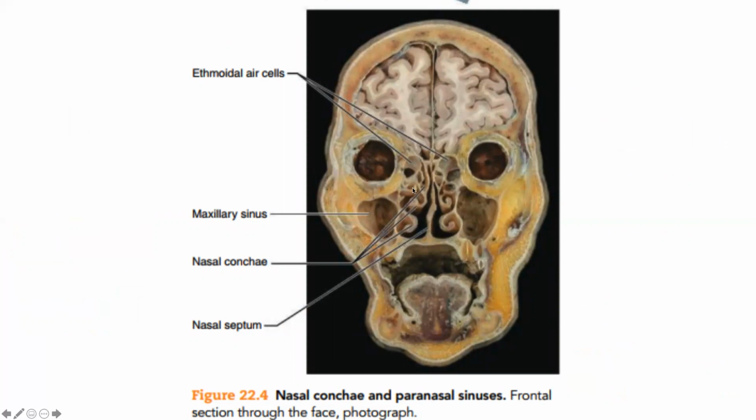And you can see the nasal conchae, which are arising from the lateral wall of the nasal cavity, coming medially, and they are curved here. These are called nasal conchae. Because of this curvature, it increases the surface area, and the job of the nasal cavity is to warm the air, to trap the air, to filter the air, and therefore it makes the space more efficient.